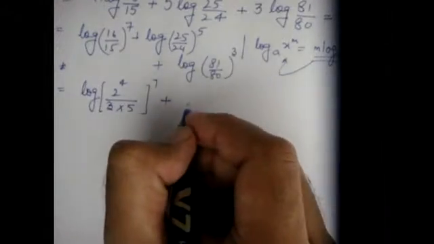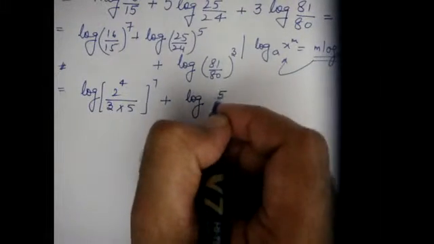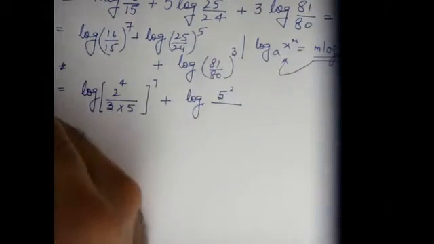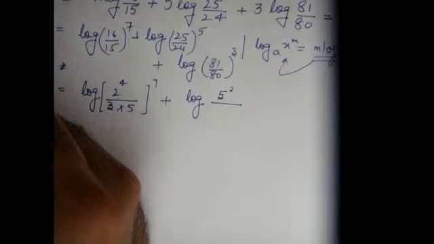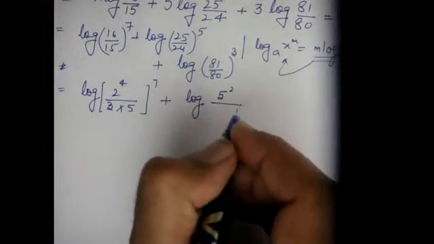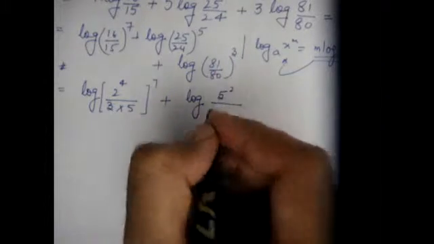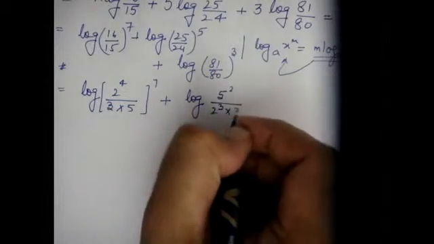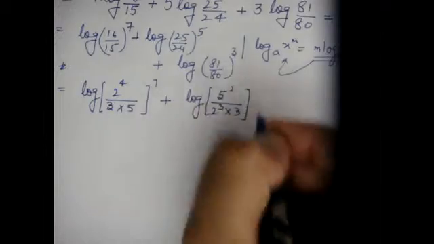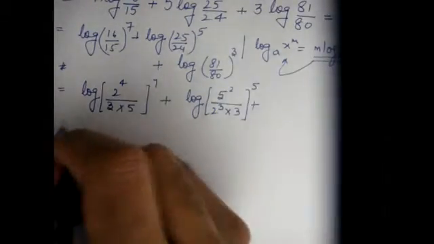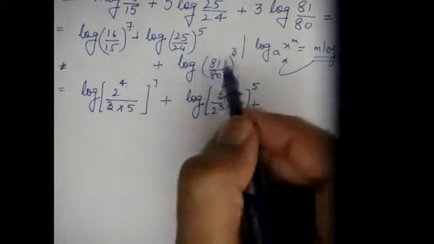Next term is log 25/24. We can write 25 as 5 square, and 24 can be written as 8 times 3, so that will become 2 to the power 3 times 3, because 8 is 2 to the power 3, and the whole to the power 5.